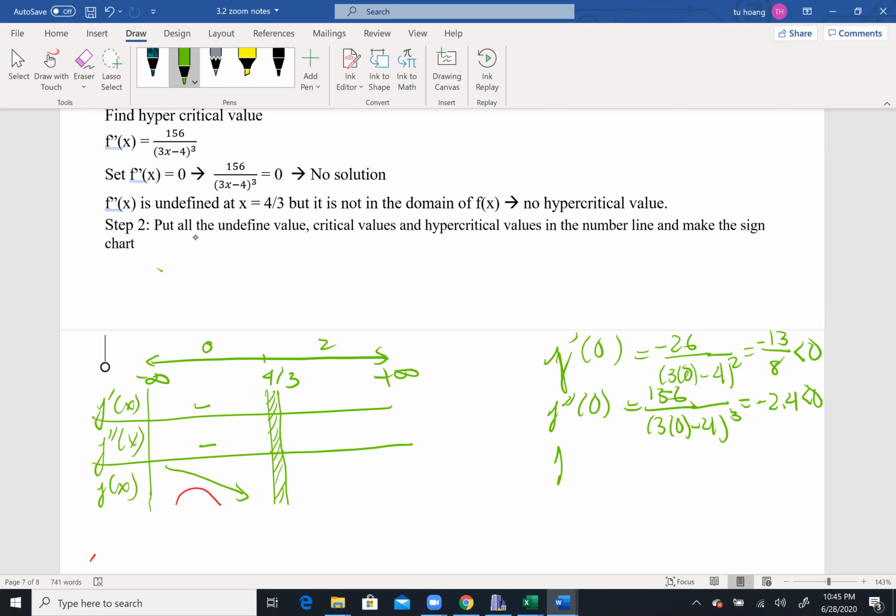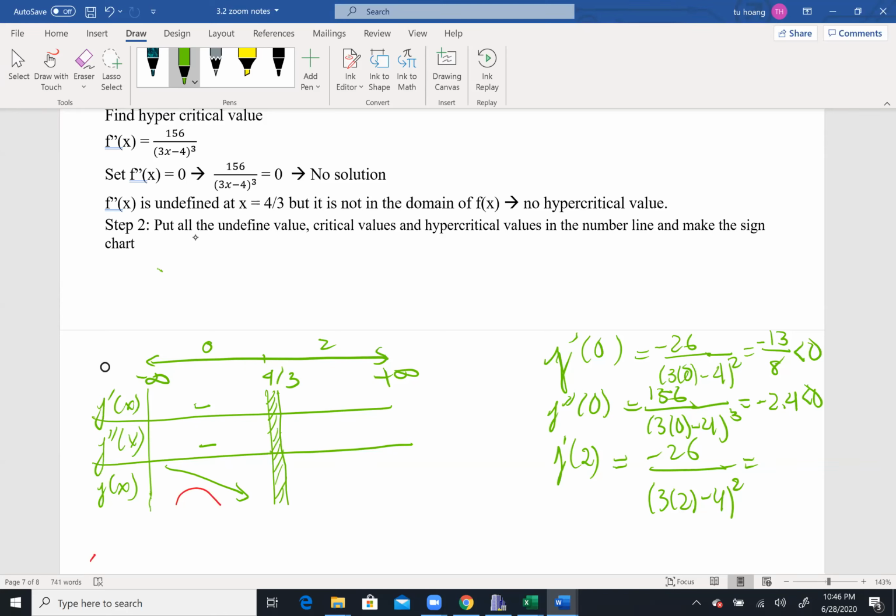For the other, for f prime of 2, you will have negative 26 over 3 times 2 minus 4 squared. Let me use the calculator.